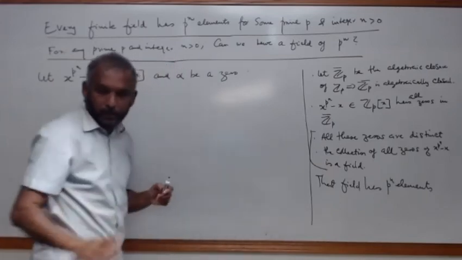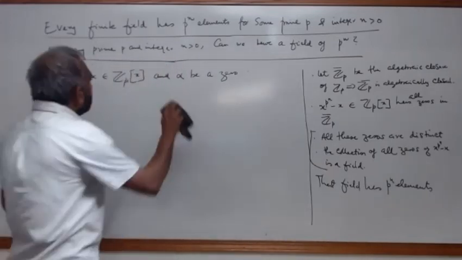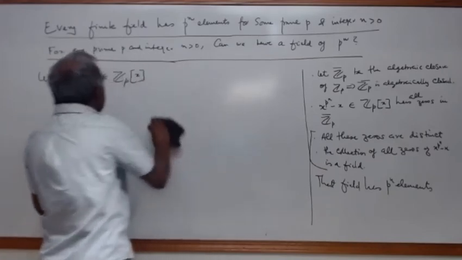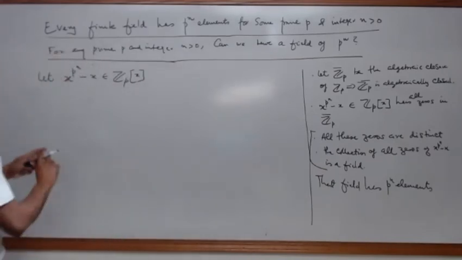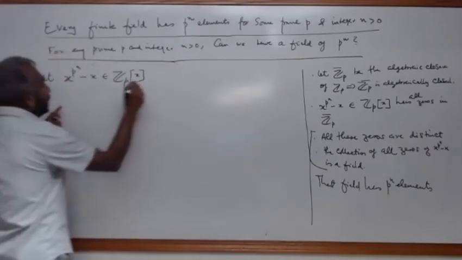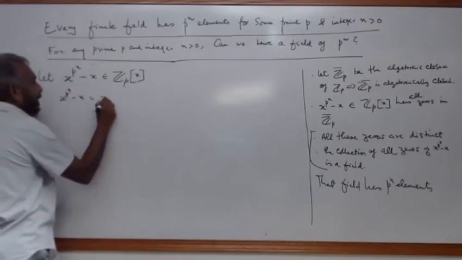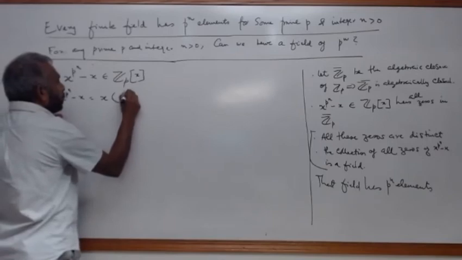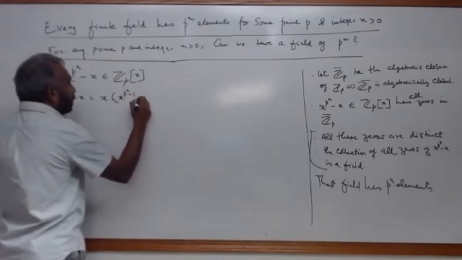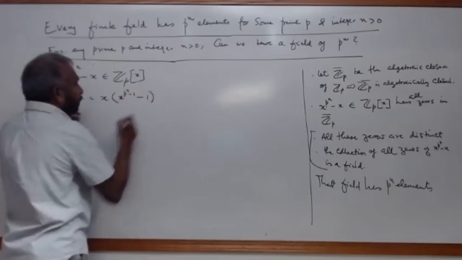So this can be written as x to the power of p to the power of n minus x is equal to x times x to the power of p to the power of n minus 1 minus 1.